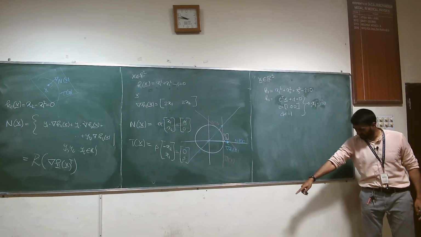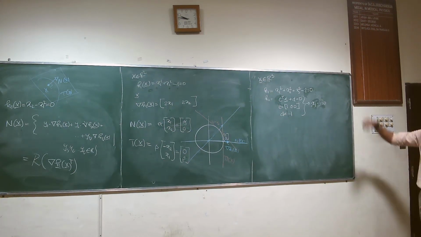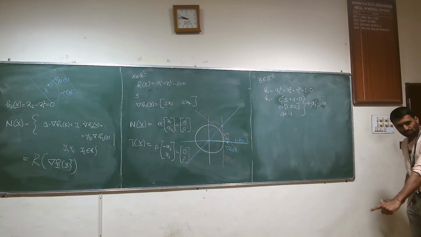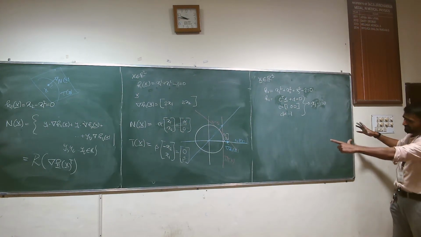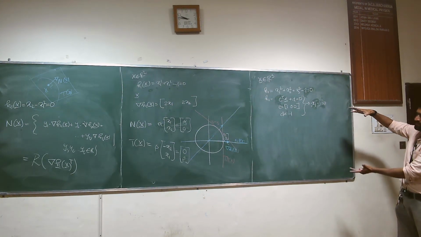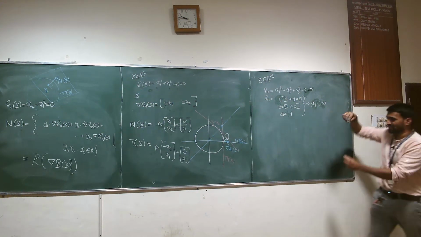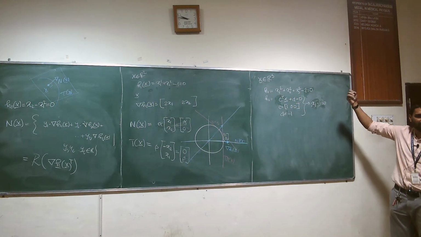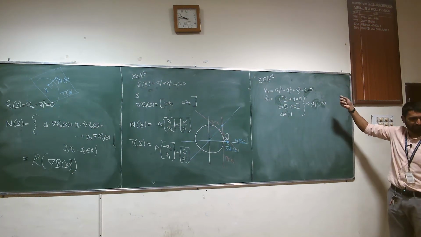Okay, let's assume this is x1, this is x2, and this is x3. Our sphere is sitting here of radius 2. Let's say the origin is here. If you only had this constraint, then you're essentially moving along this sphere and finding out where is my f of x lowest.